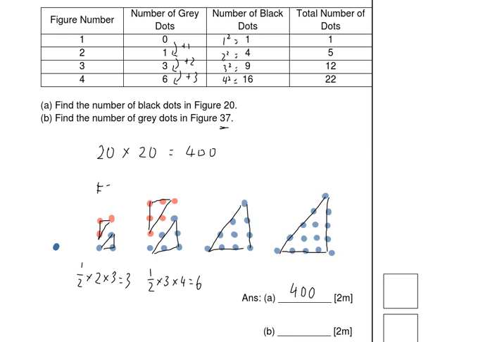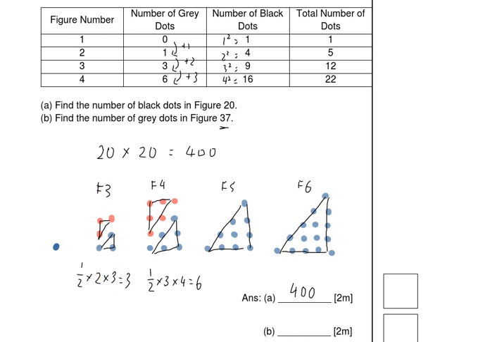Am I right? Let's look at figure 3 and figure 4. Do you notice I half multiply by 2 multiply by 3, and 3 is actually your figure number? It's not a coincidence. If you do figure 5, figure 6, you'll get the same thing.